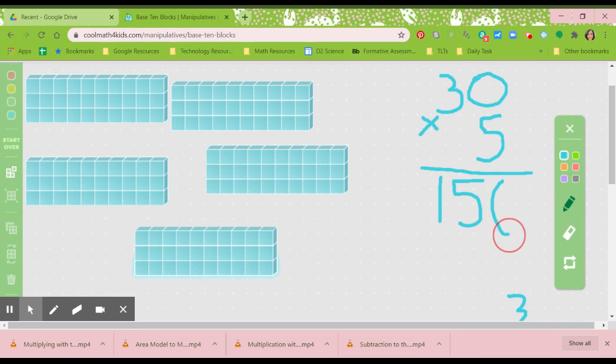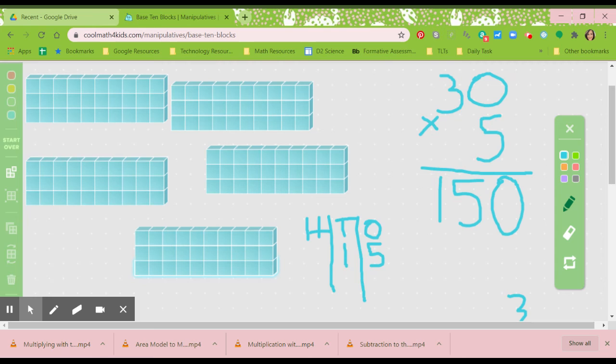And if I'm thinking place value, I'm going to draw a place value chart right here real quick for us to look at and make the connection. I've got my hundreds, my tens, and my ones. I knew that 3 times 5 was 15.